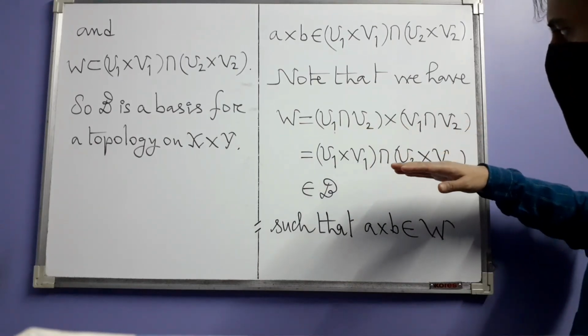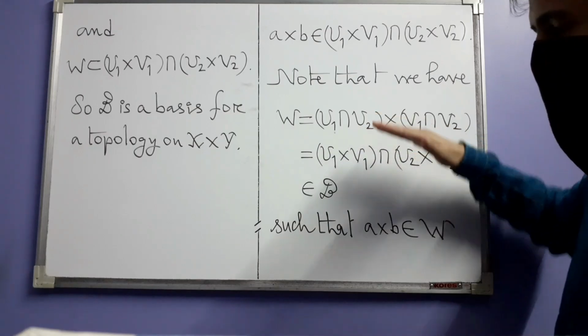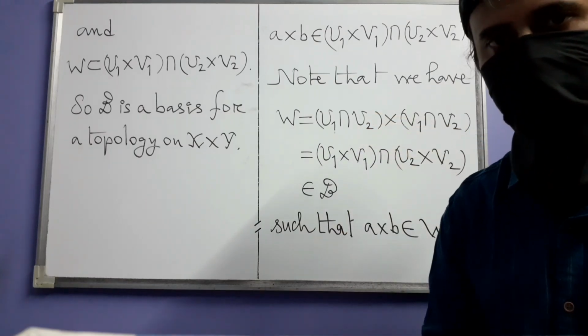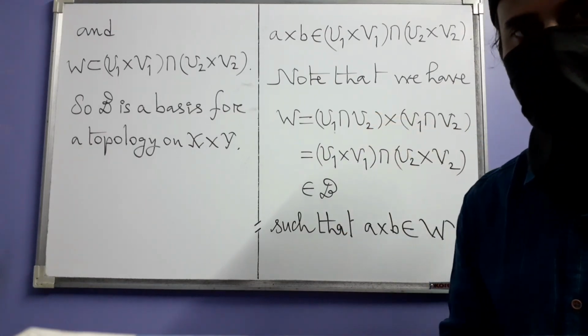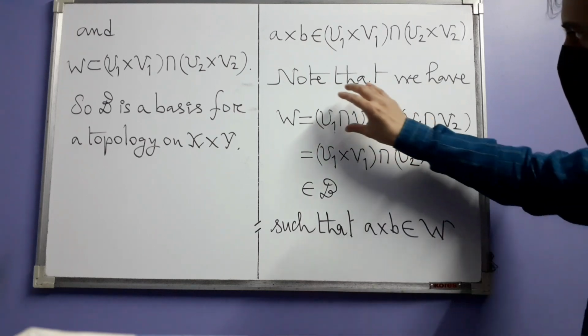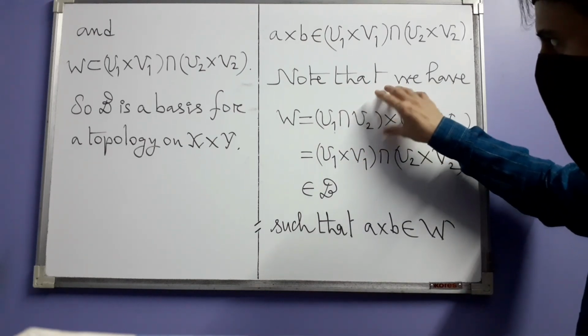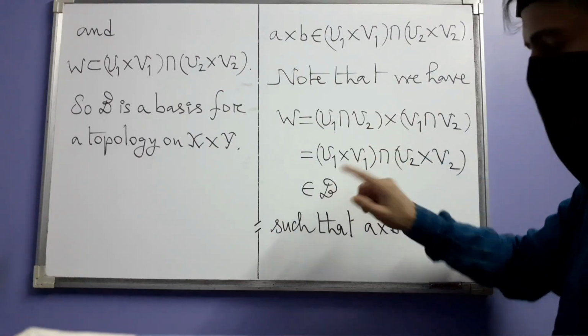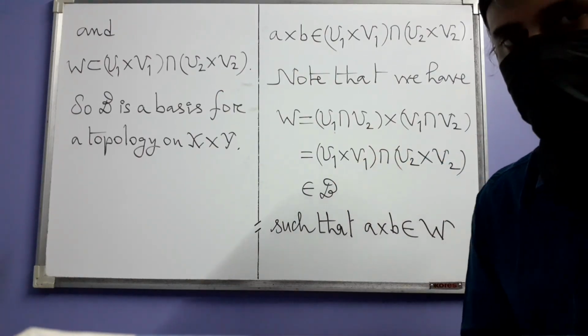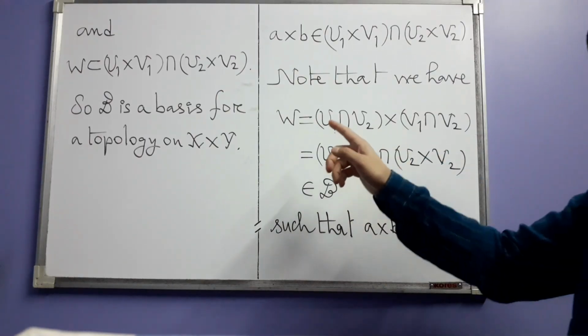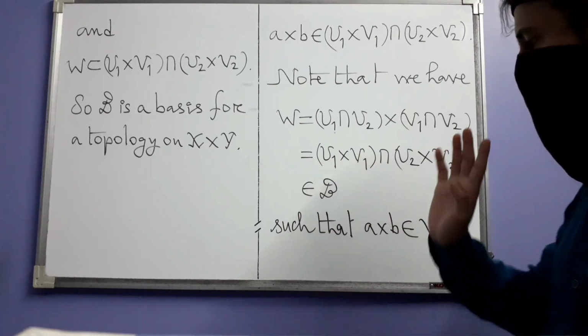It is very easy to prove this set theoretic identity. It is just simple set theory. And the fact that this is equal to this, that this looks like this, makes it an element of the collection B. Why? Well, what is U1 and what is U2?